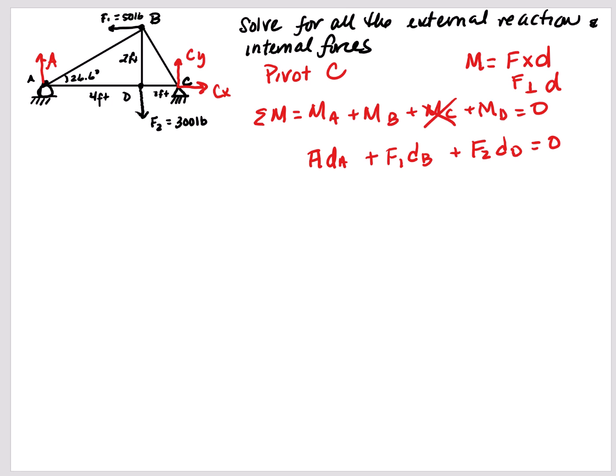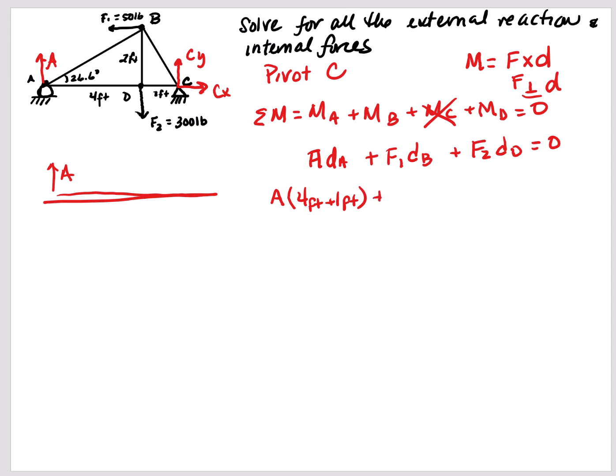So if I look at my force in A, my force in A is going up, perpendicular to my pivot point. This is my distance. It has to be perpendicular. So this is going to be labeled A. My distance is going to be 4 feet plus 1 foot. It's the total entire distance.